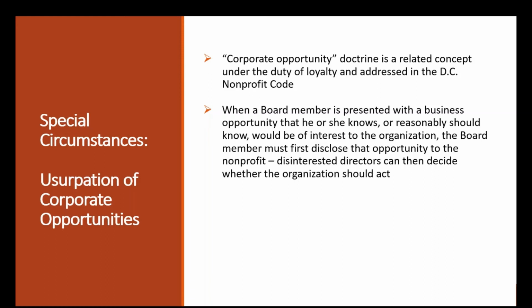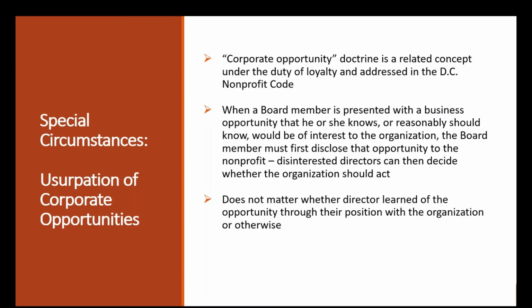Let's say I own a company that's looking to lease some office space, and it just so happens at the same time the nonprofit that I sit on the board of is looking for very similar office space, and I find a listing for some great office space at a really good price. Under the corporate opportunity doctrine, I should be disclosing that listing to the nonprofit first, give the disinterested directors an opportunity to decide whether they want to take it, and then only after they make that decision, if they say no, can I act on that opportunity.